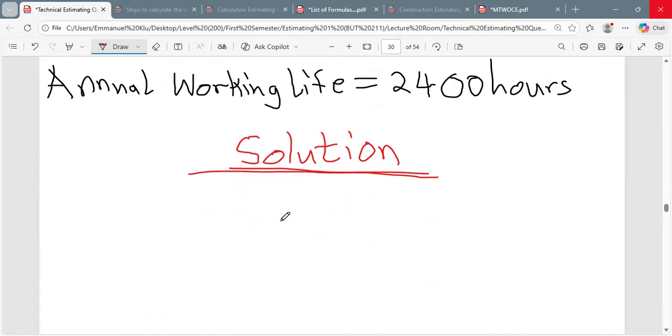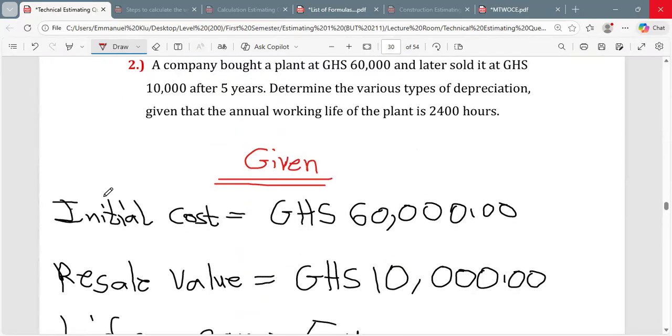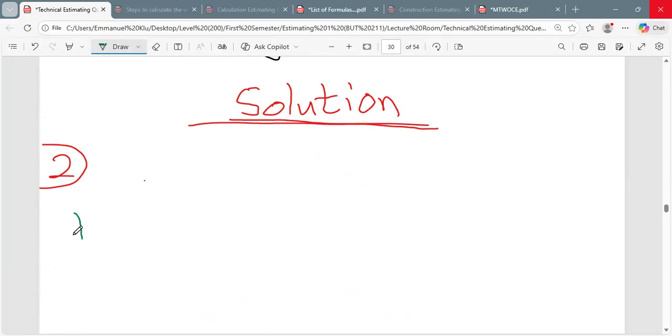First of all, we have to know our total depreciation. So this is our question two we are solving. So let me put it over here. So let's just proceed. Our total depreciation.